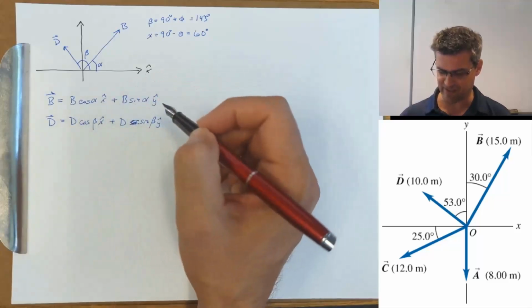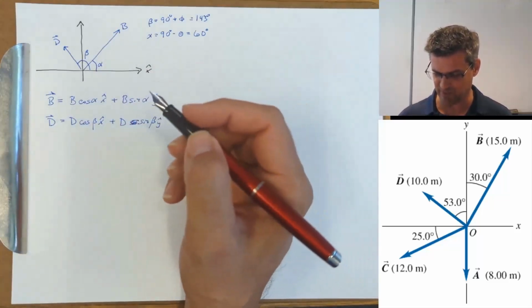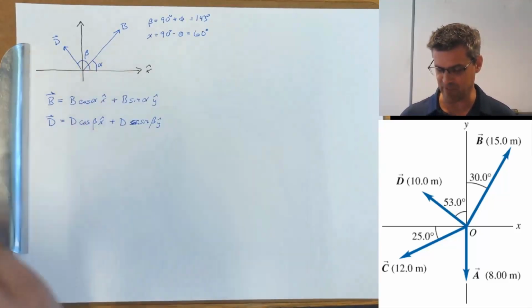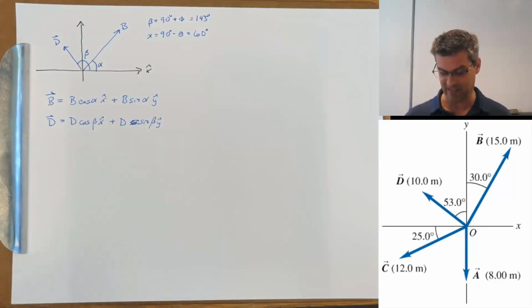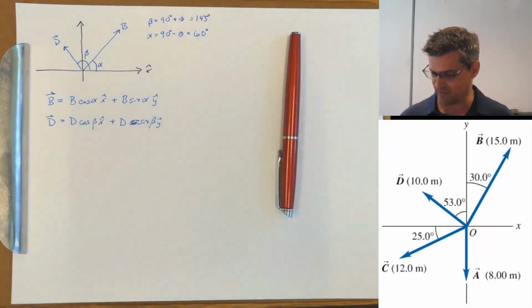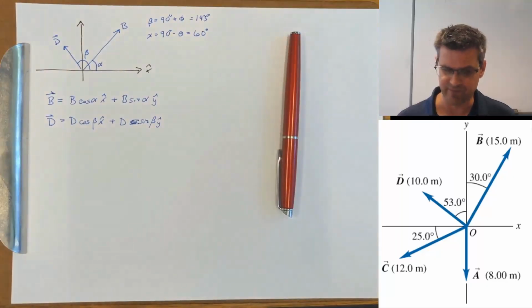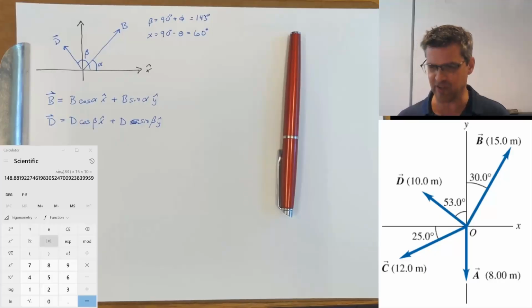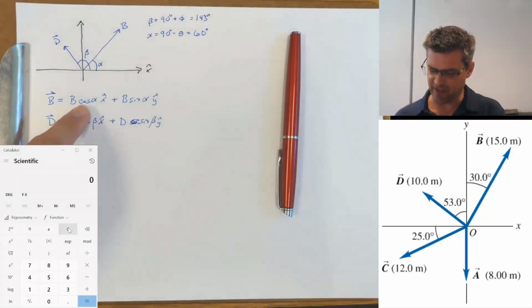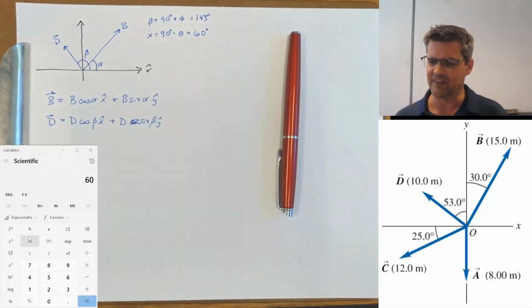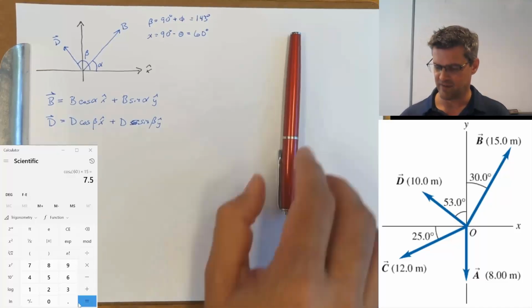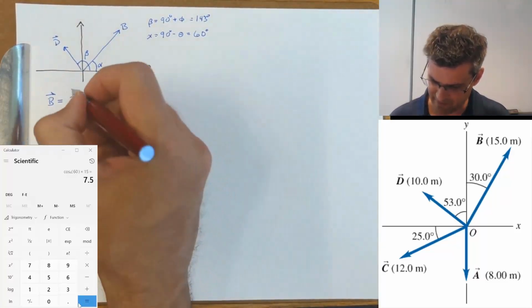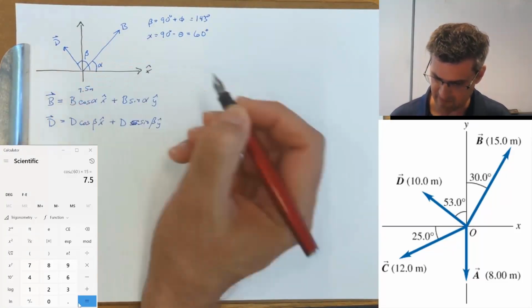I don't have to carry around signs. Those signs will work the way that they're supposed to, as long as I'm always measuring these things with respect to the x-axis going around counterclockwise. Okay? So let's pull up our calculator again. How do these numbers compare to what we saw before? Well, now alpha is 60. 60 cosine times B, 7.5 meters.